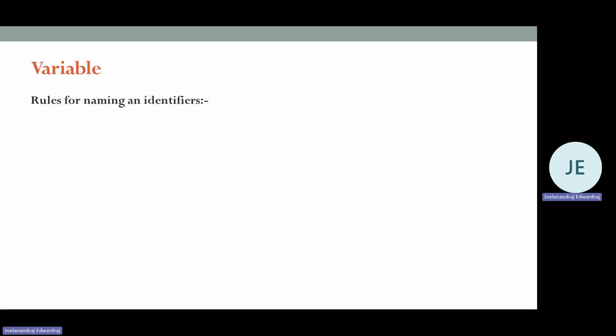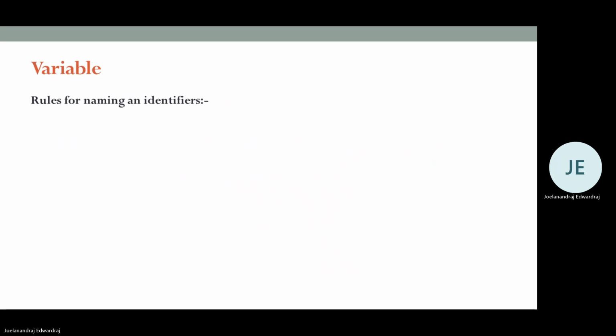There are a few rules we need to follow while naming an identifier for a variable. An identifier is actually a name for a variable. A variable is what stores the value. An identifier is used to identify a variable or a function. This identifier is a common notion.